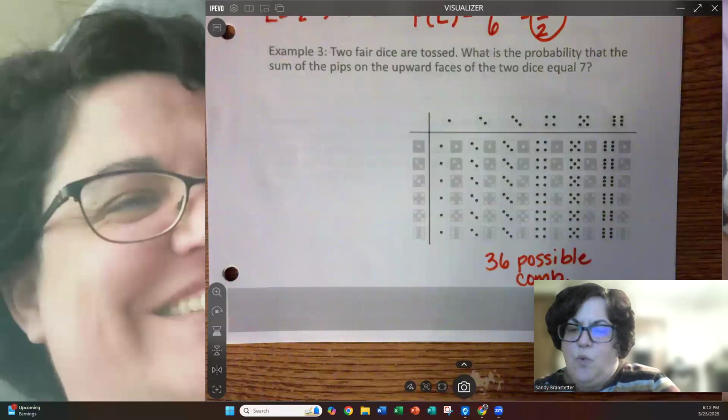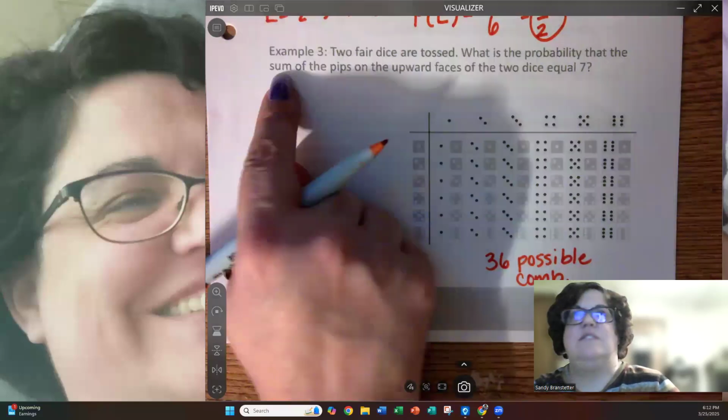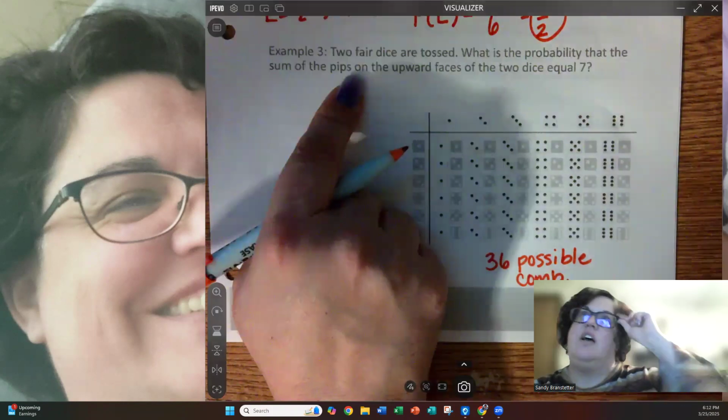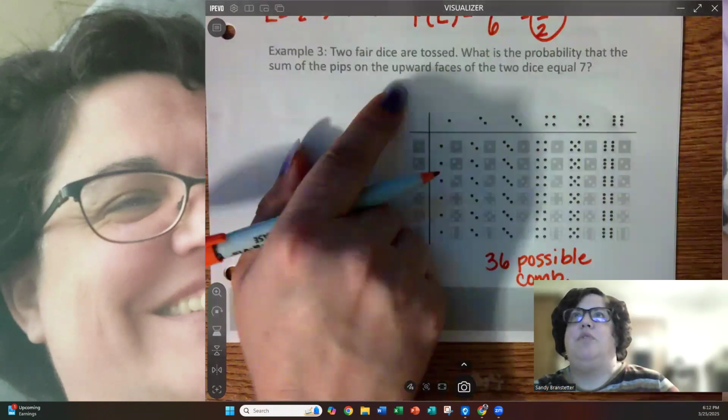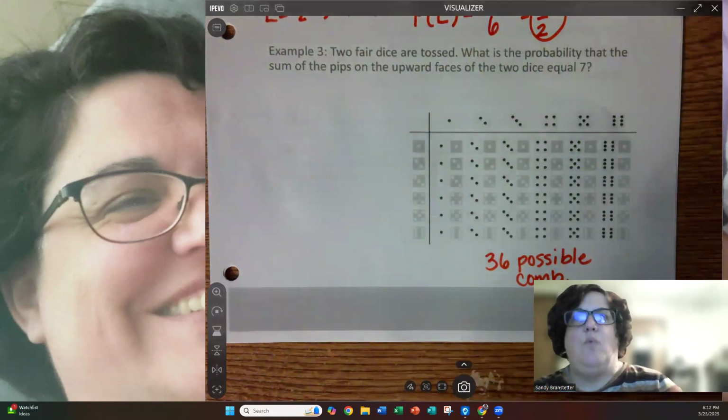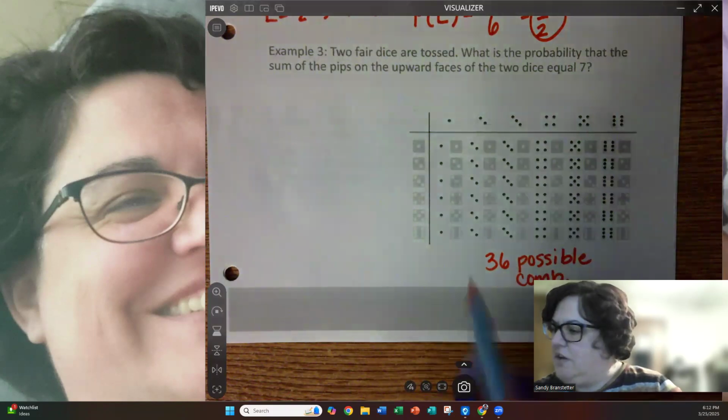So it says, what is the probability that the sum of the pips, those are the little dots on the die, on the upward faces equal 7? So think about which sums equal 7.